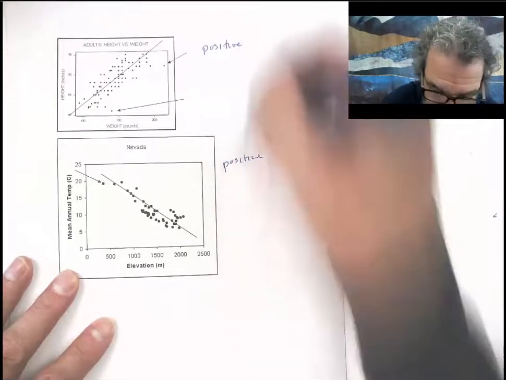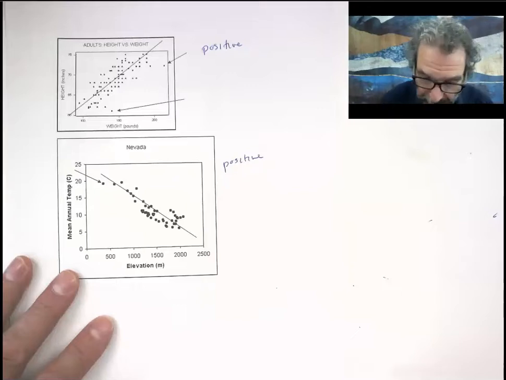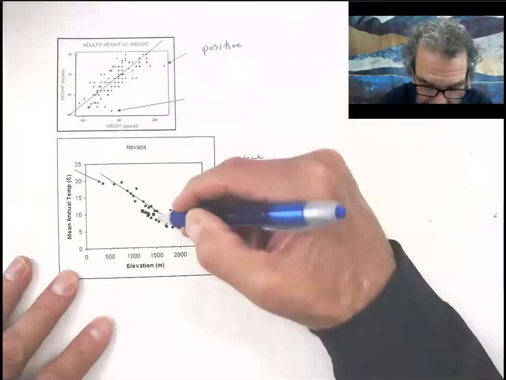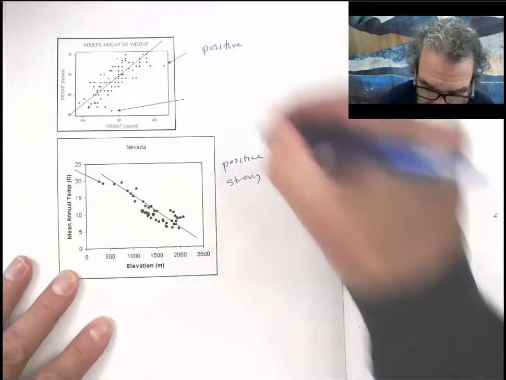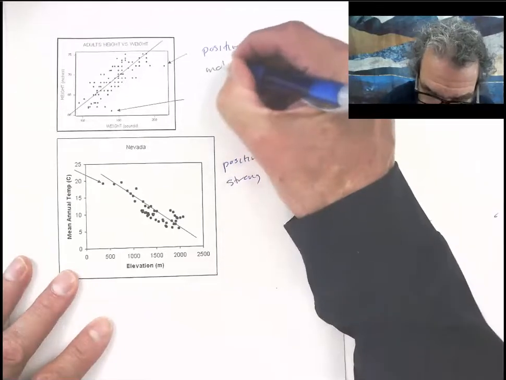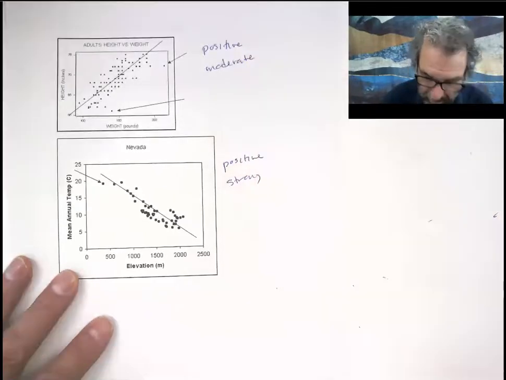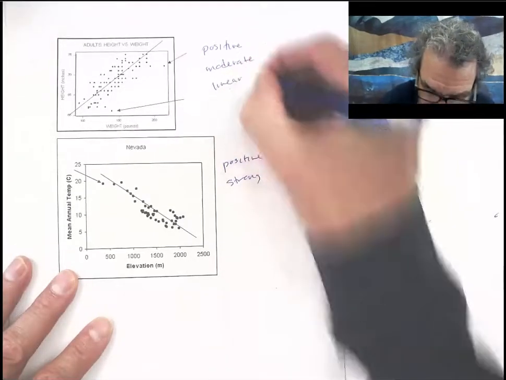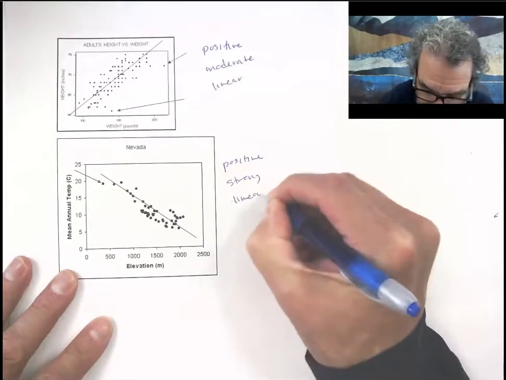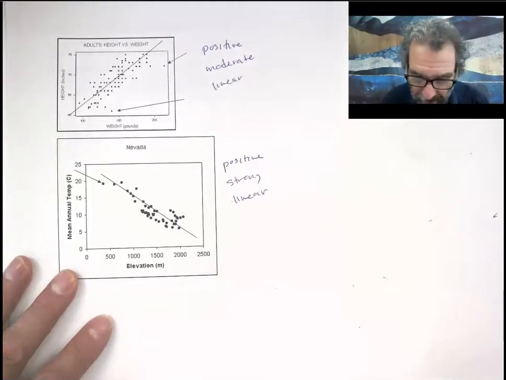That's direction. And then strength, pretty strong here. I would say moderate here. And then shape, pretty much linear.